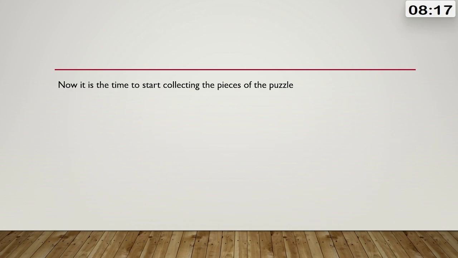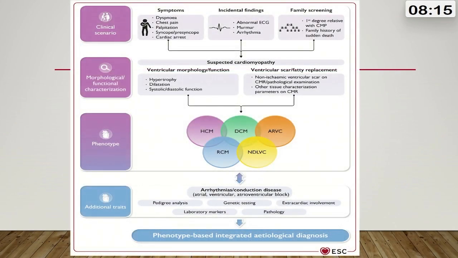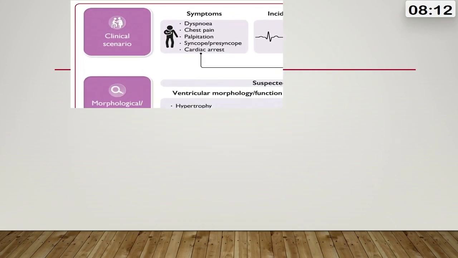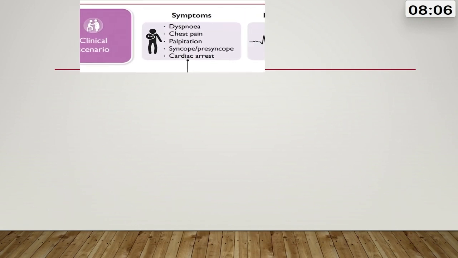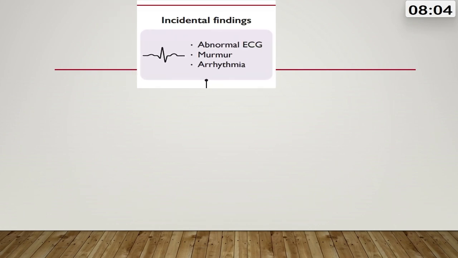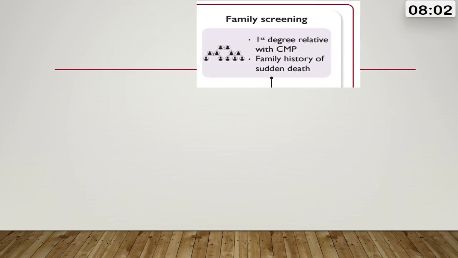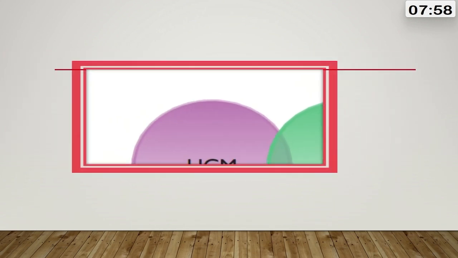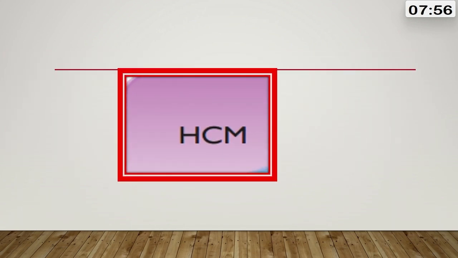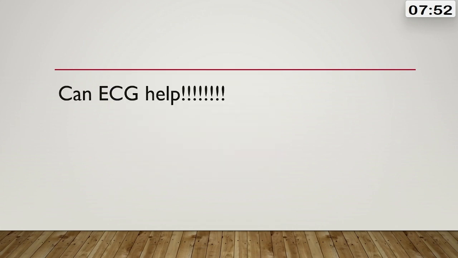Okay, let's collect the puzzle pieces. As our professors taught us long years ago, start from the history, from the patient's symptoms, examination, ECG, family history, then going to imaging to pick the HCM phenotype. Can ECG help?